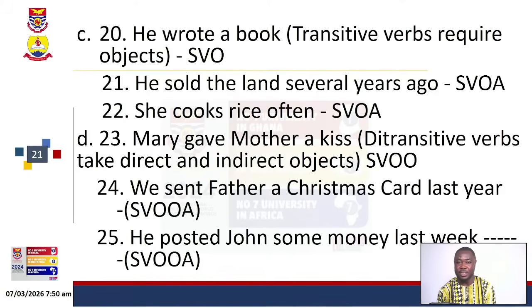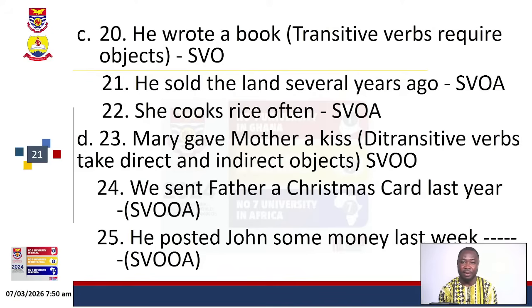A Christmas card is O, which is a direct object, and then last year is the adjunct. So you have realized by now that adjuncts often tell time, they tell the frequency, they tell the place, they tell the manner also. Right? We sent father a Christmas card last year.